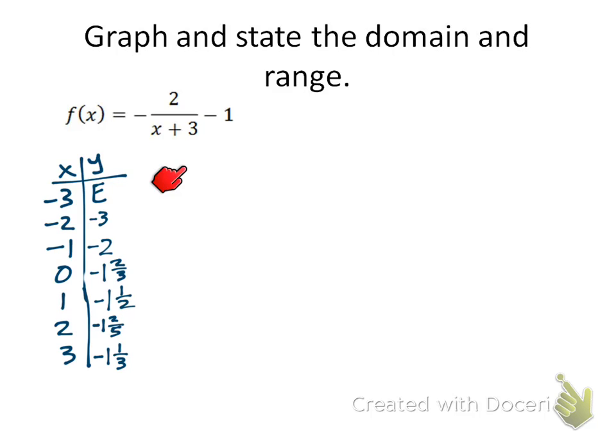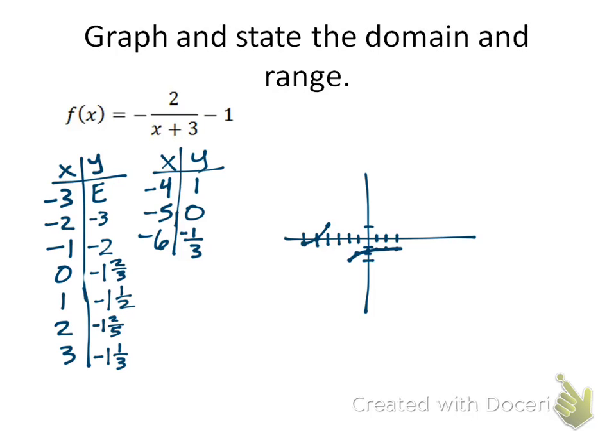So when I do my next t-chart, I need to get some numbers before -3, like -4, -5, -6. But I don't quite see the hyperbola. So around this error, around -3, I need to plug in some numbers between -3 and -2, and then -3 and -4.